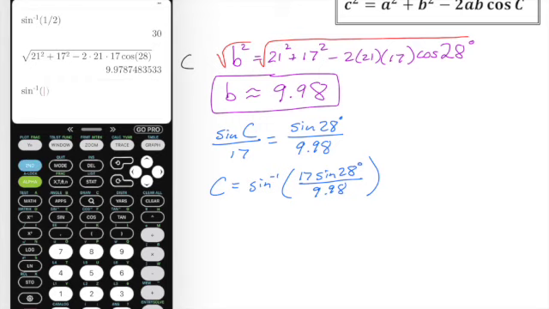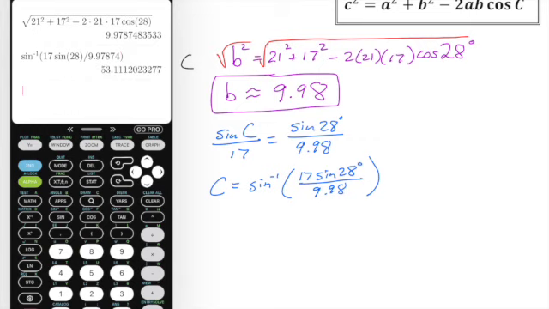If you want your final answer to be accurate, like this angle C I'm finding, to two places, then I should either store that decimal and use the full decimal value in here, or at least type in a few more places beyond two places. So I can see it still on the screen, 9.978774. Even that is going to help your accuracy so that your final answer for C should still be accurate to two places. Okay, so that's not ultra important, but just a noteworthy thing.